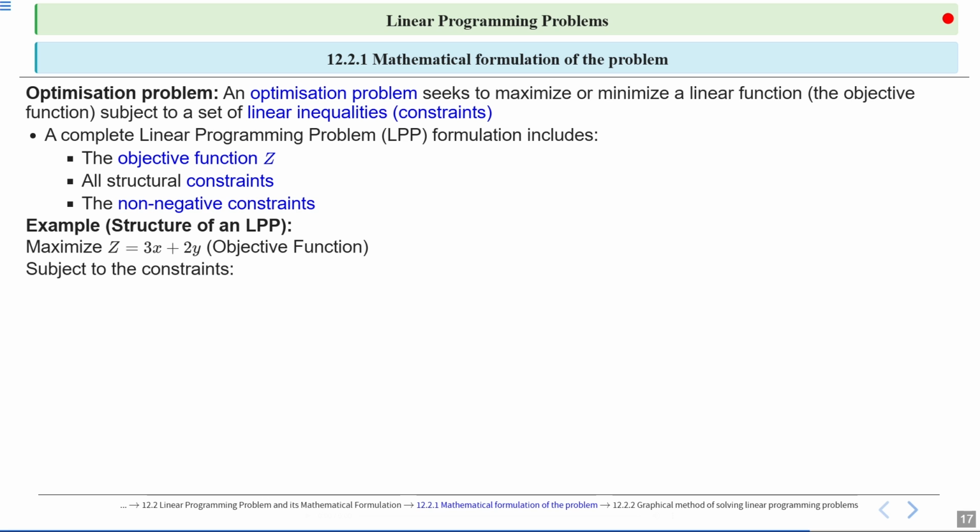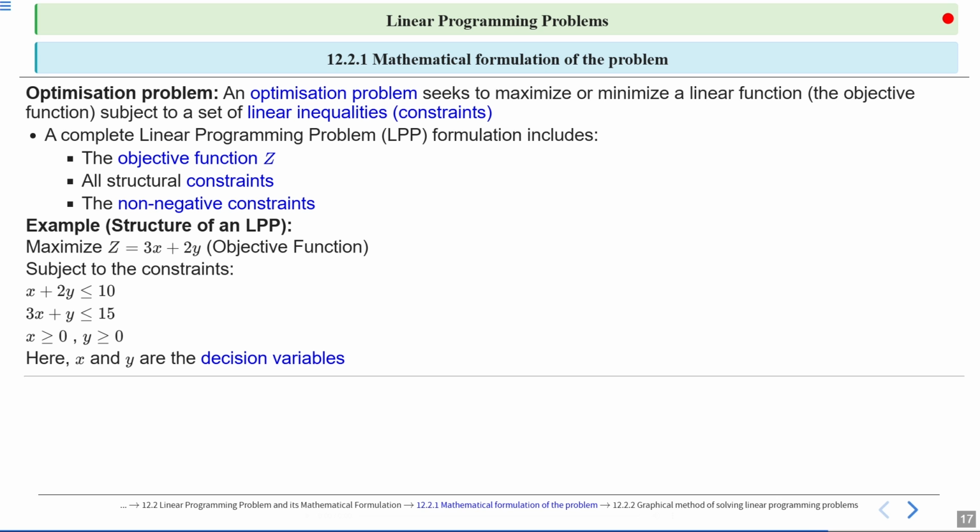And the subject constraints are x plus 2y is less than or equal to 10, 3x plus y is less than or equal to 15, x is greater than or equal to 0, and y is greater than or equal to 0. Here x and y are the decision variables. Okay, so z is the objective function, and these are our constraints.